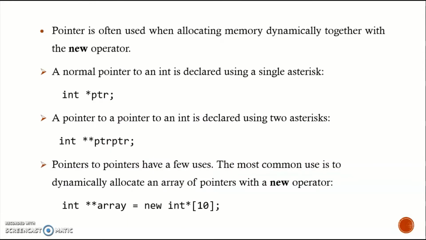Let's look at what a pointer is first. A pointer is often used when allocating memory dynamically together with the new operator. A normal pointer to an integer is declared by using a single asterisk. Okay, this notation here. For example, we have int asterisk ptr, this is what we mean by a pointer.